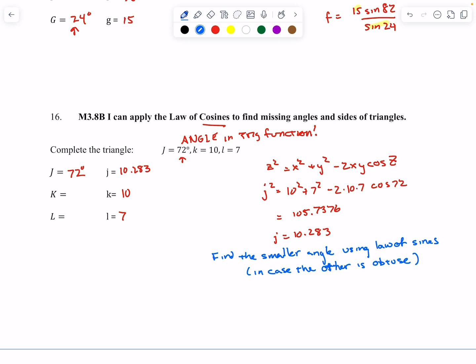Okay, so let's find the smaller angle. That would be the one across from the 7. Don't forget to do inverse sine.